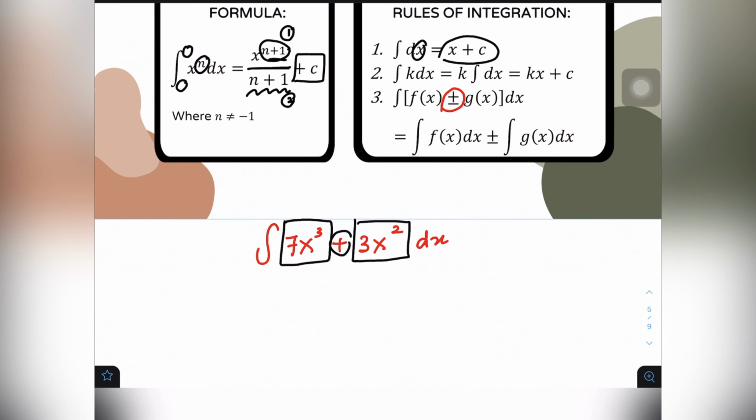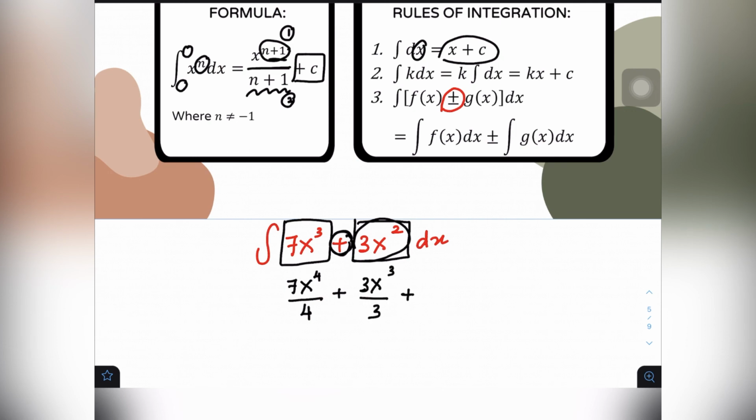You have two ways. The first way is to strictly integrate one by one, since you need to do an integration for both functions. Integrate 7x to the power of 3, you get 7x to the power of 4 divided by 4, plus, following the sign here, integrate 3x to the power of 2, you get 3x to the power of 3 divided by 3.